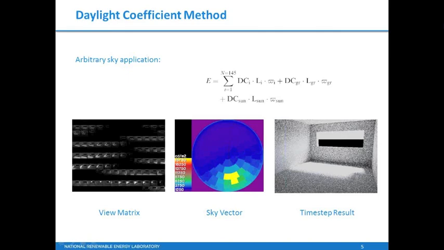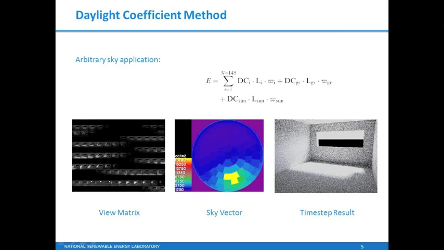So the initial simulation can take 20 minutes to 2 hours, depending on the complexity of the building, but that one simulation can then generate actual valid daylight results for any sky condition and time of day in about 3 to 5 seconds. Whereas in the past, when people did daylight simulations with Radiance or AGI or whatever, they would just look at a few key times of day for the year, like maybe 3 or 4 hours for the solstices and the equinox, and make some extrapolations based on the performance of those key days.